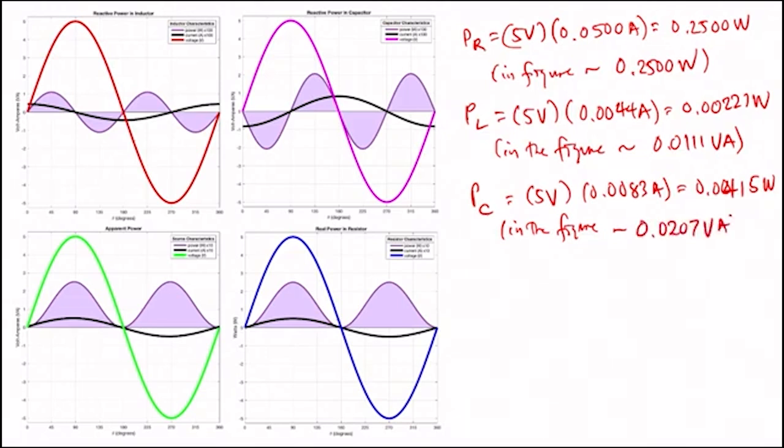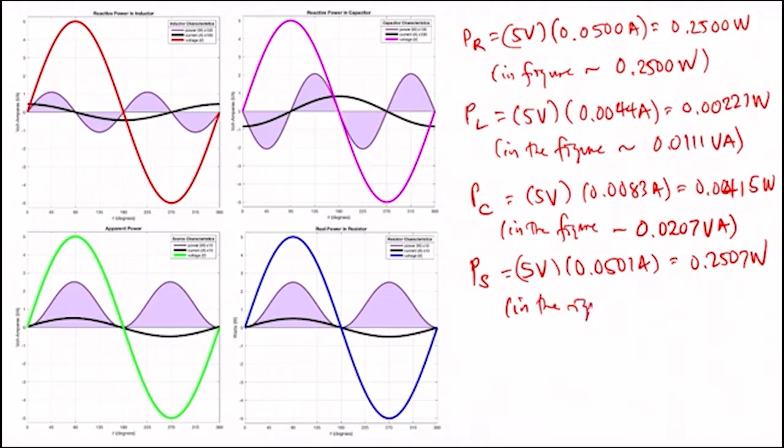we have 0.0207 volt amperes, and for the source, this is equal to 5 volts times the current of 0.0501 amperes, which gives us 0.2507 watts, and in the figure it's just 0.2500 watts. Okay.